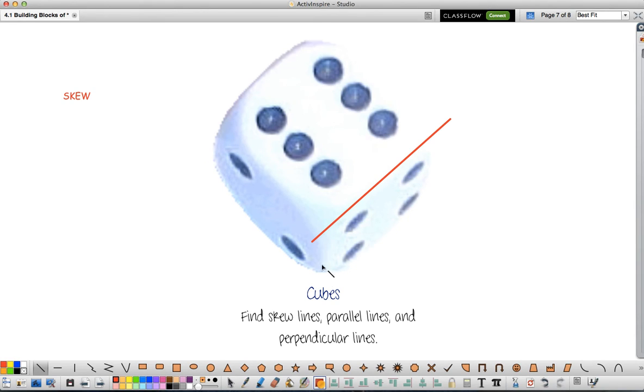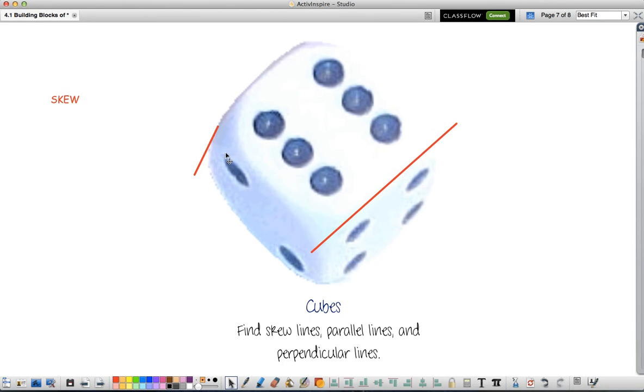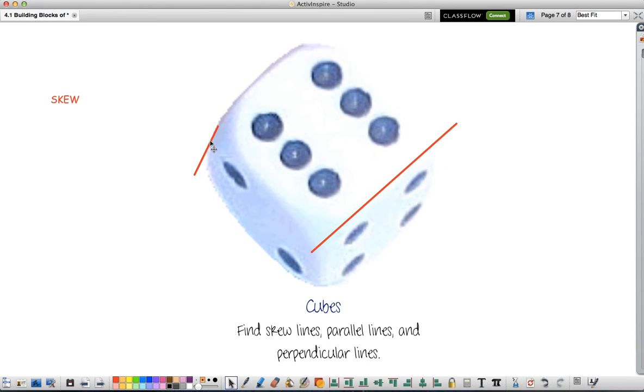It also cannot be on this edge of 2 because we know that they will intersect on this side. However, it can be on this side because it is on a completely separate plane and on a completely separate side. Okay, so here we have skew lines.